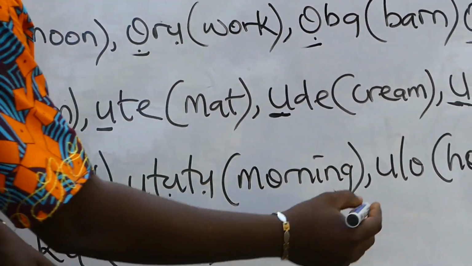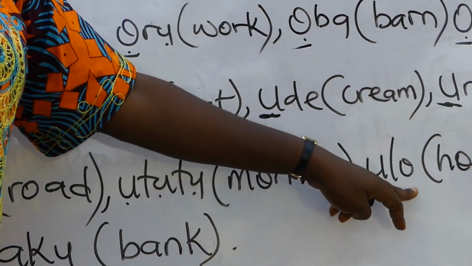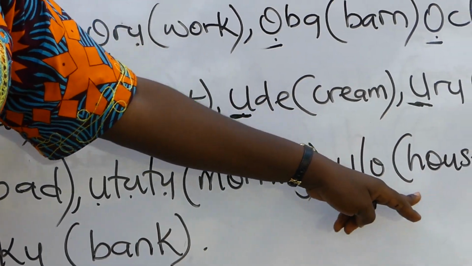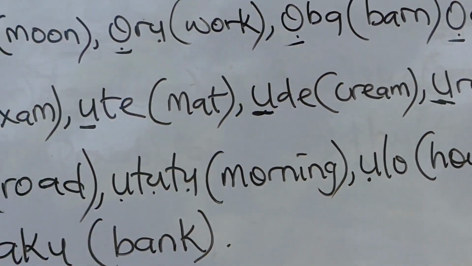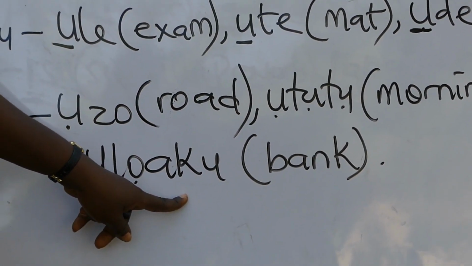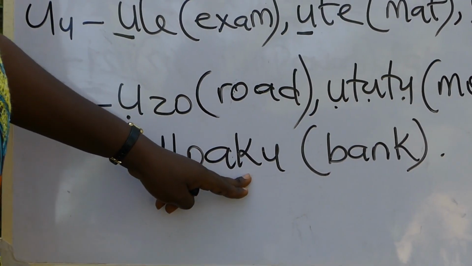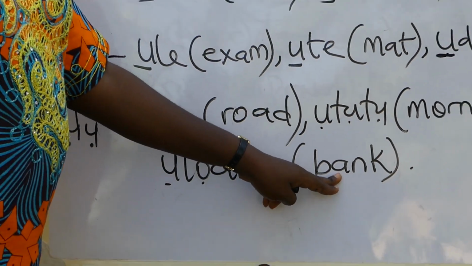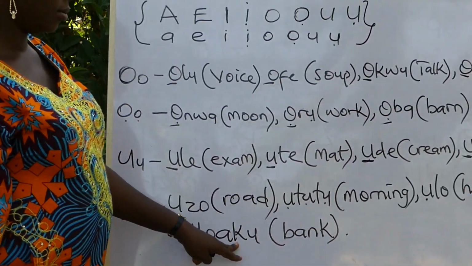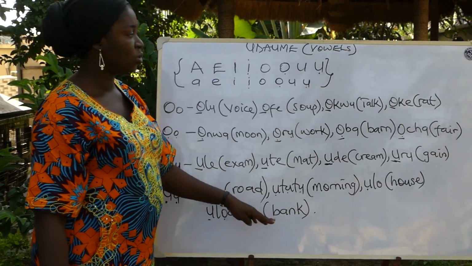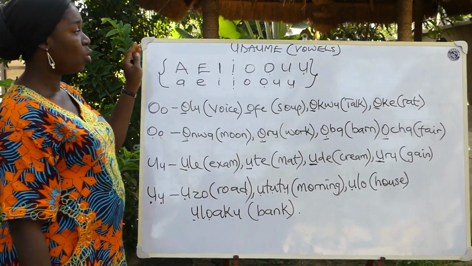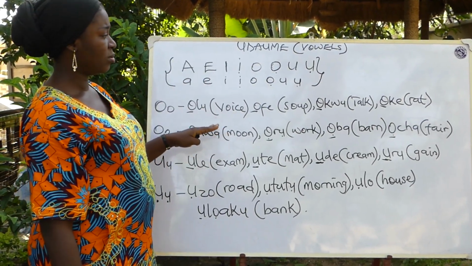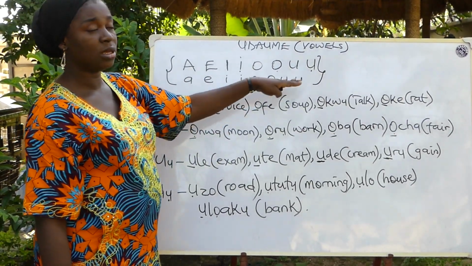Ola, house. Ulako, bank. So these are the Igbo vowels. Udaume Igbo.